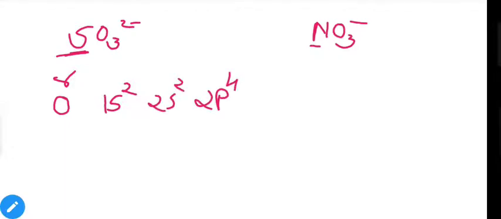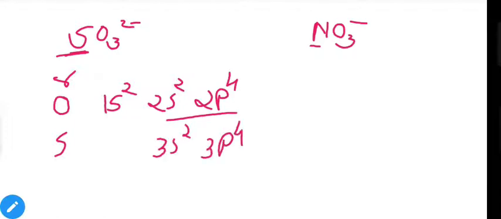A similar trend will be followed by sulfur, but instead of 2s2, 2p4, it will be 3s2, 3p4. All you need to know is that its electronic configuration is s2, p4, but the third quantum number is already present, so it also contains d orbitals with 0 electrons. Normally we do not represent this last d orbital.